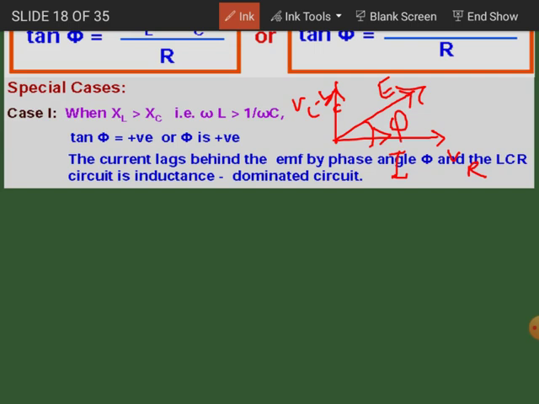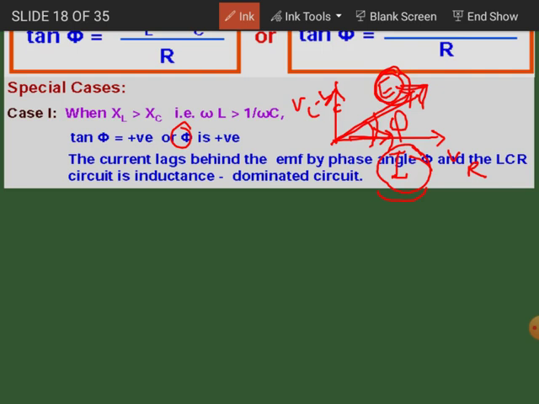So if this phi is positive, that means if it is acute, your current lags behind the EMF. Current is here, EMF is here. So the current is lagging behind the instantaneous EMF by a phase angle of phi, right?